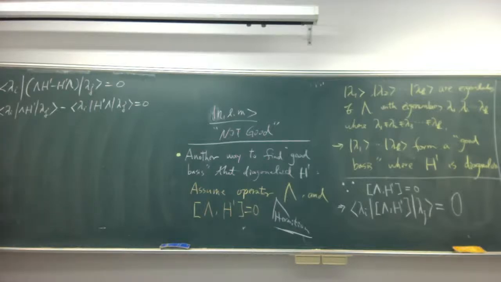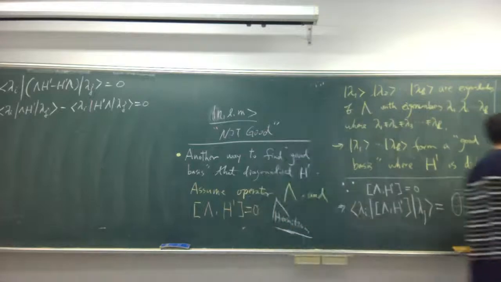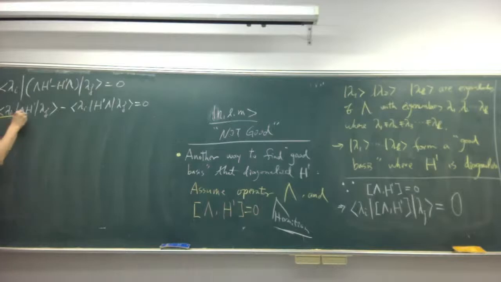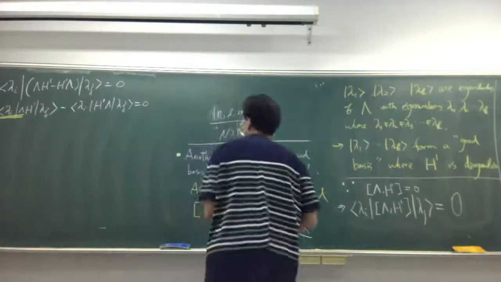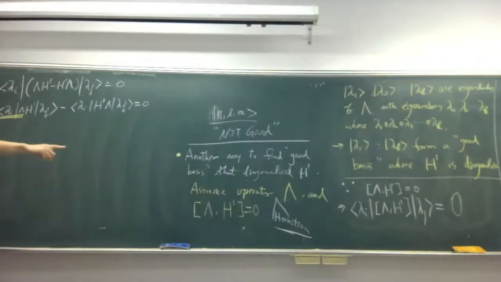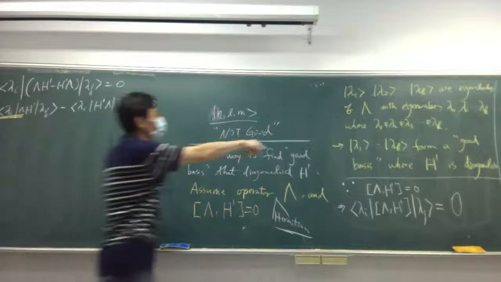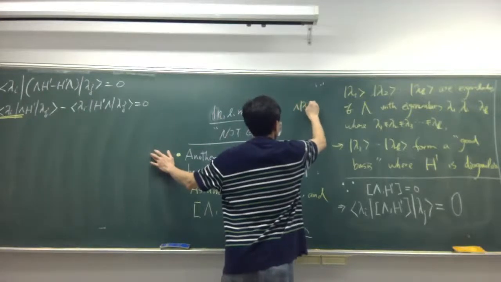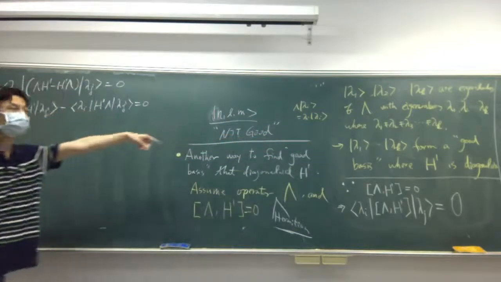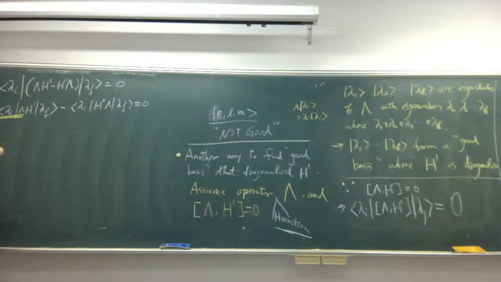So you can see that here, lambda I equals lambda I, I don't need to write that, because that's the definition of eigenstate and eigenvalue, isn't it?